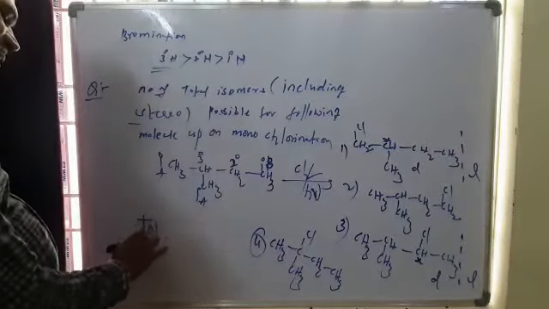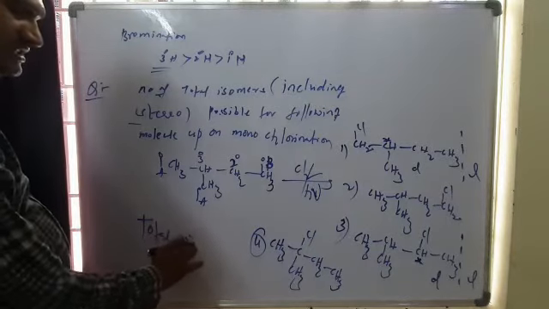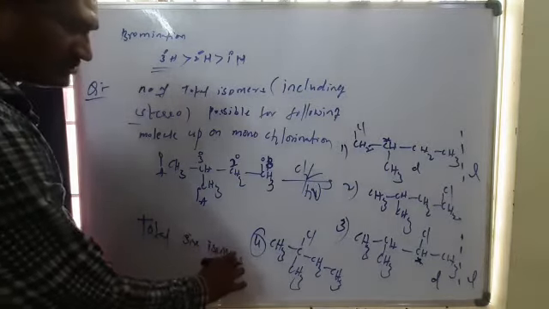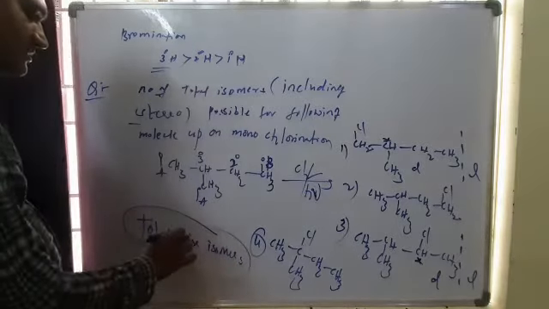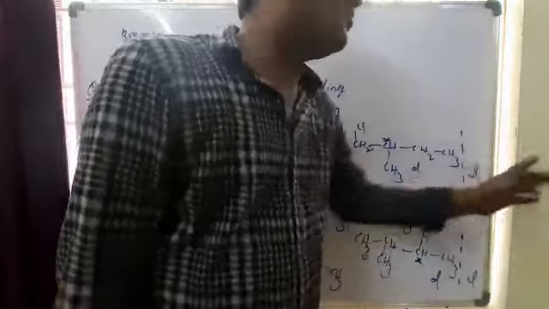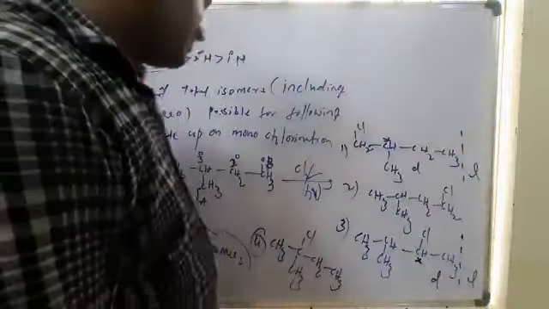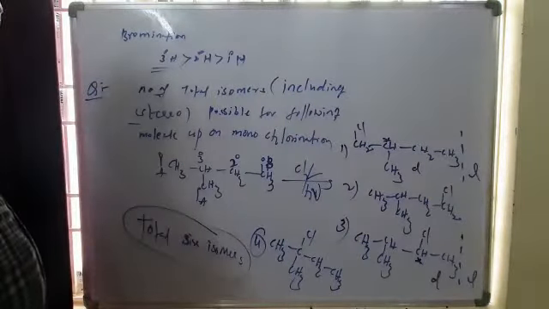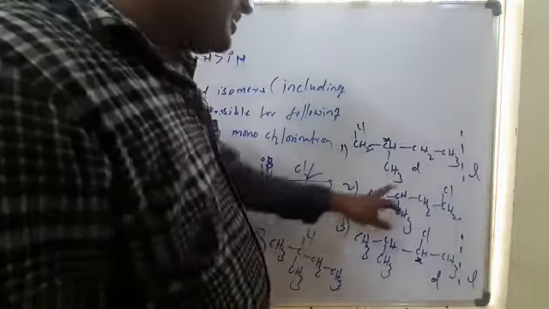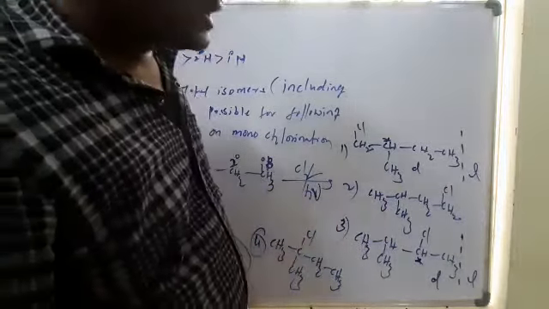Of these, 4 are optical isomers, that means stereoisomers, and the remaining 2 are normal chain isomers.